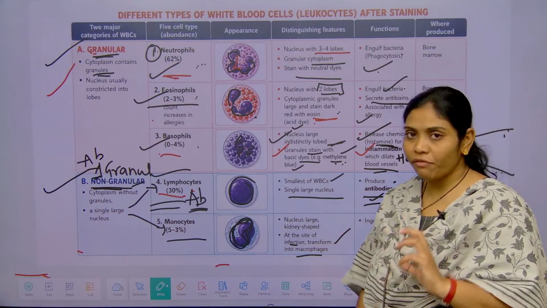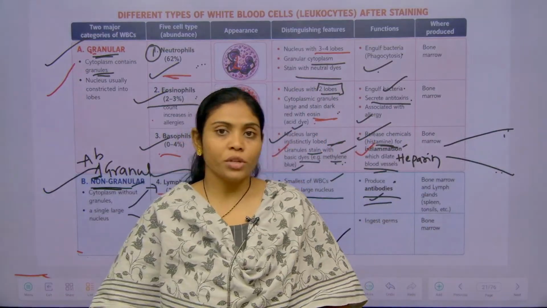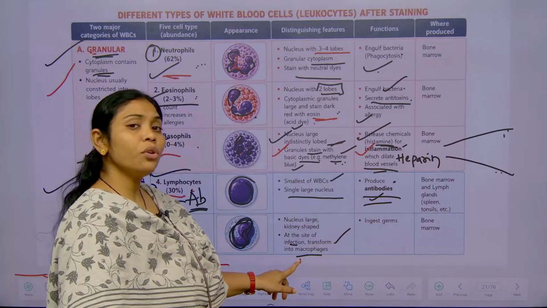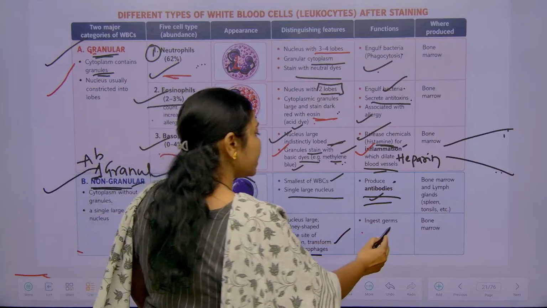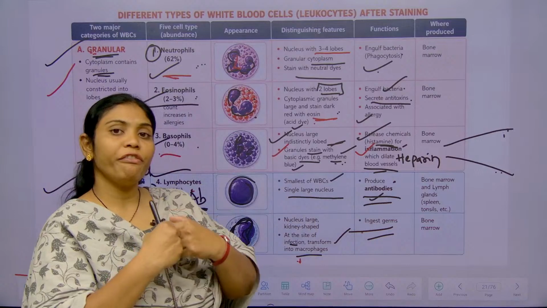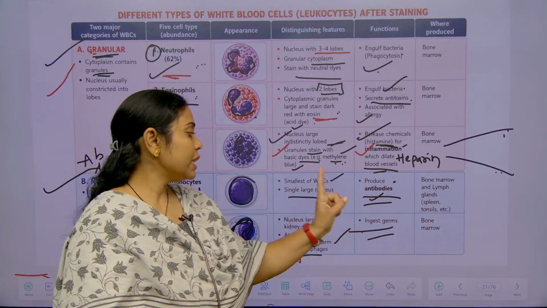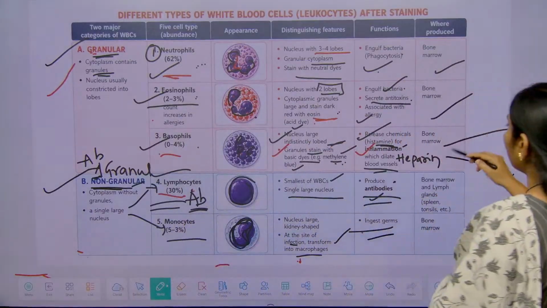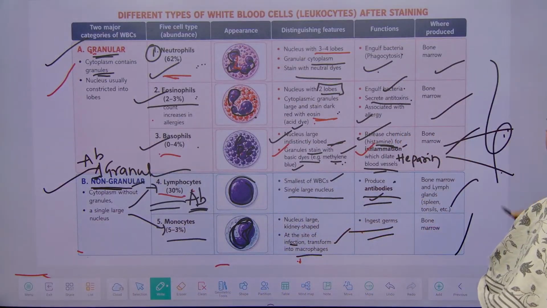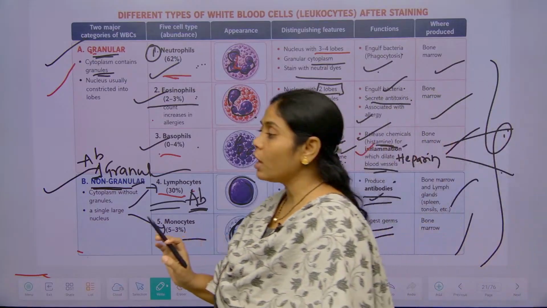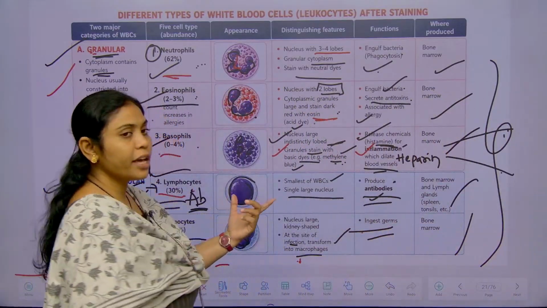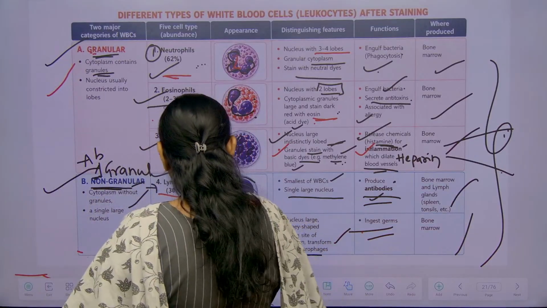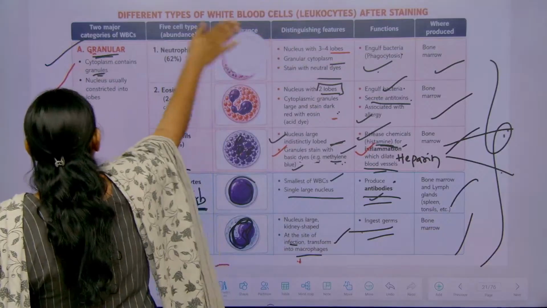Whenever infection occurs in our body, they transform into macrophages. They ingest and engulf the germs, and inside the vacuole the germ gets killed. All these WBCs are also produced in the bone marrow itself.